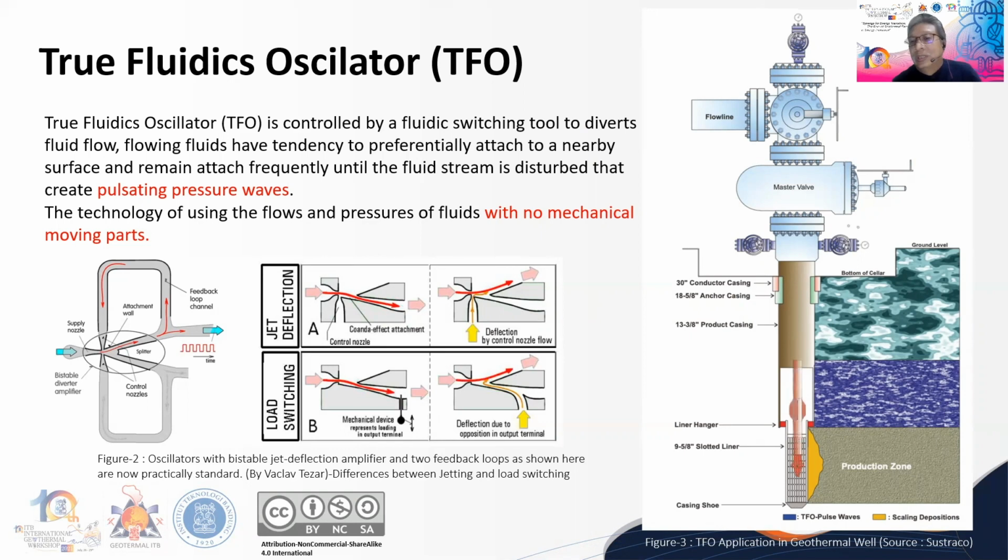So once we run the TFO, please see the picture, then it will create the pulsating pressure wave. The TFO pressure streaming wave is able to remove scale in this area, out of the slotted area, and it can also stream out and spread inside to the production zone.